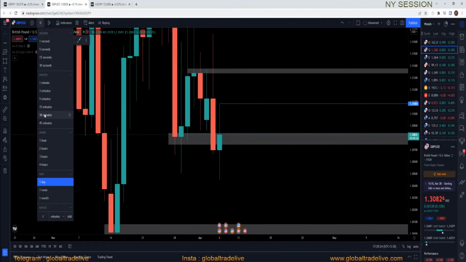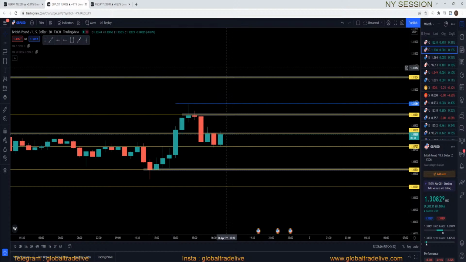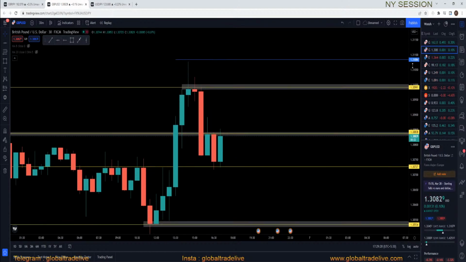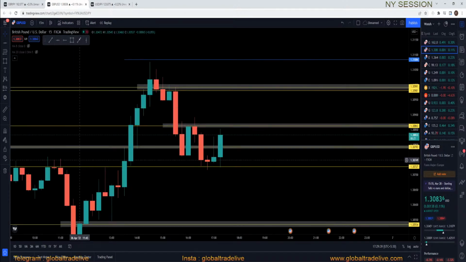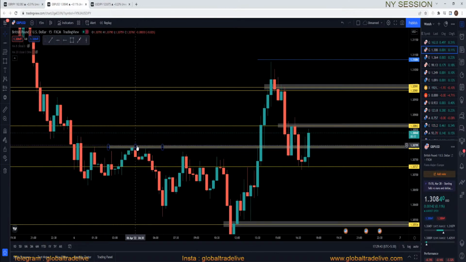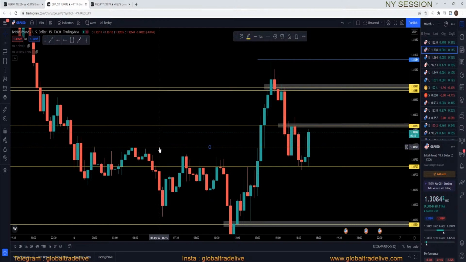If the market has to go down, that means today's candle should be avoided to trade. So that's why I'm being very, very careful at this point. Let's see how the 15-minute time frame looks.